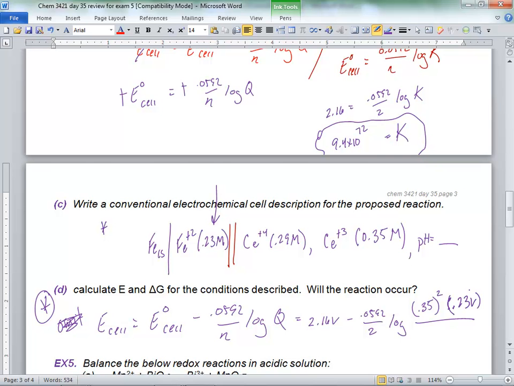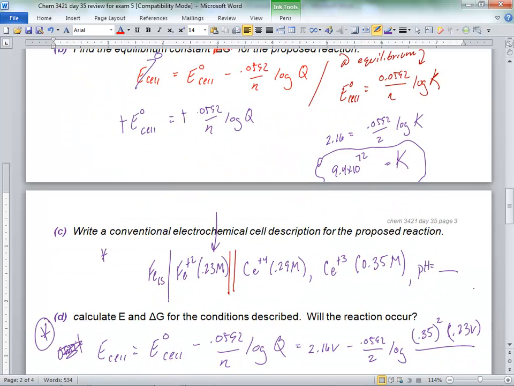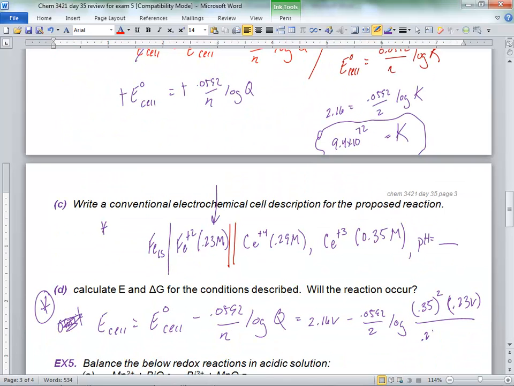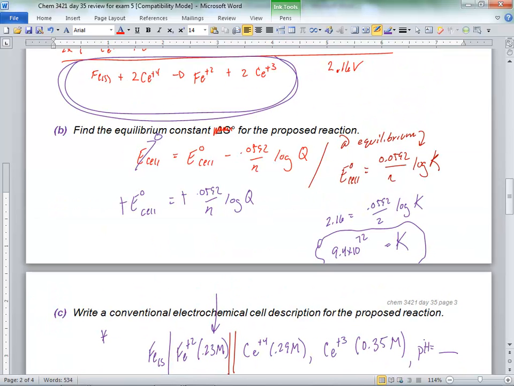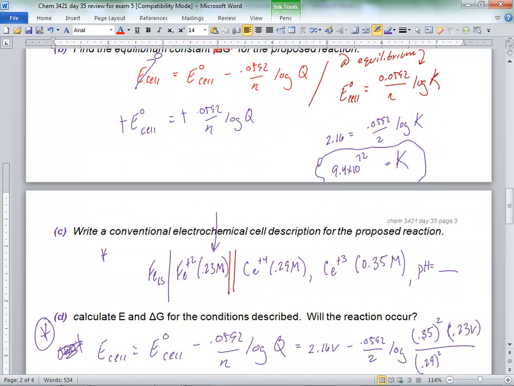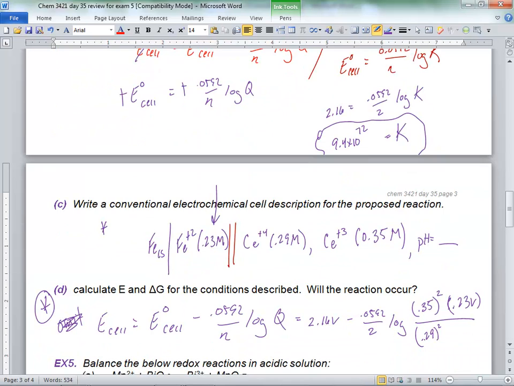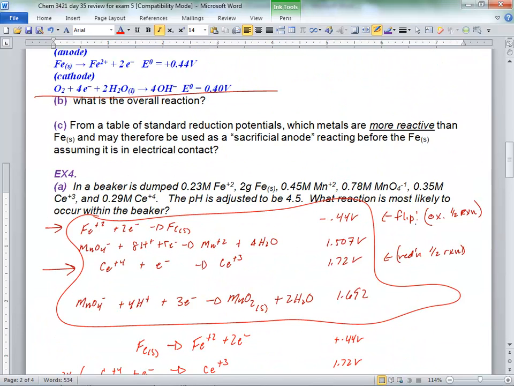Reactants, just iron, cesium plus 4, 0.29, and the other reactant was what? Well, that was it, just cesium plus 4. We don't need pH, it's not in there. I guess you could write pH because they gave us the pH. It doesn't hurt. What did they say it was? 4.5.